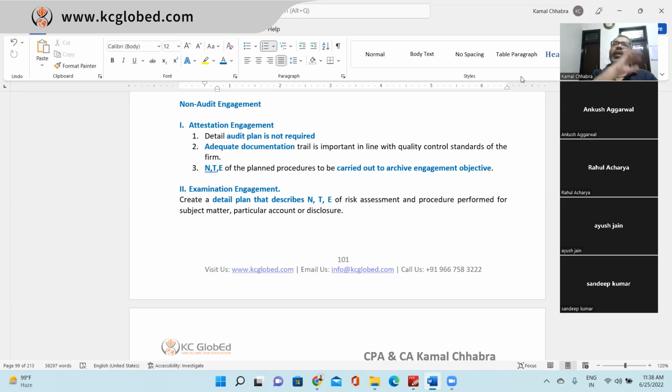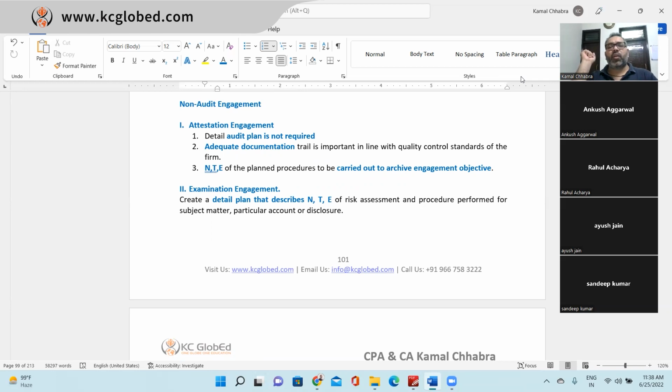You might not be doing an entire financial statement audit. So that much detailed audit plan is not required, but required only for the specific assertion, specific financial statement line item, account balance, transaction or disclosure for which you are conducting the attestation engagement, right?